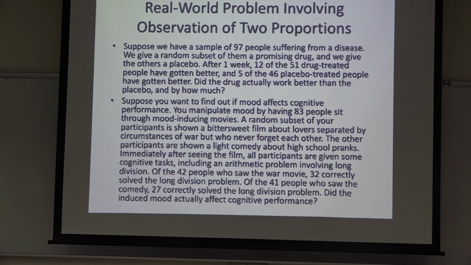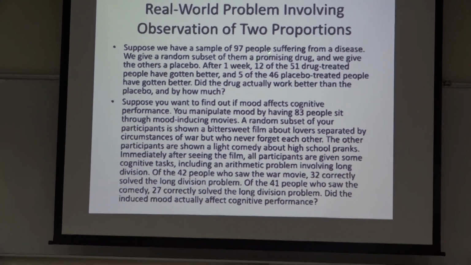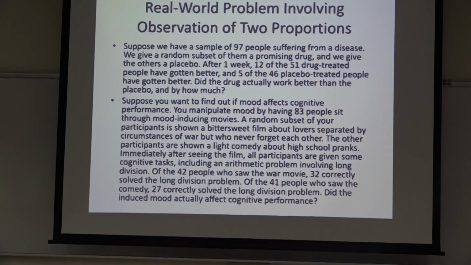For example, suppose we have a sample of 97 people suffering from a disease. We give a random subset of them a promising drug, and we give the others a placebo. So we break these 97 people into two groups. The first group we give real medicine.